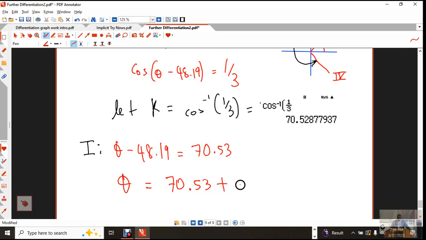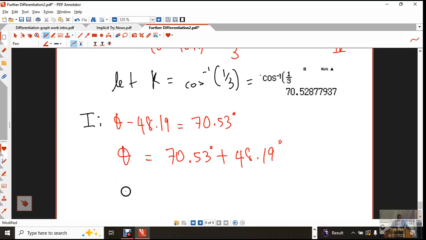Obviously now you're going to add 48.19 degrees, and we can calculate that. That's going to give us 118.7, which is to one decimal place. All right, so that is one solution.